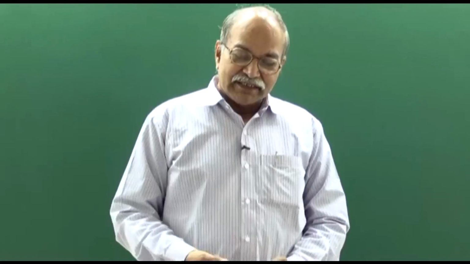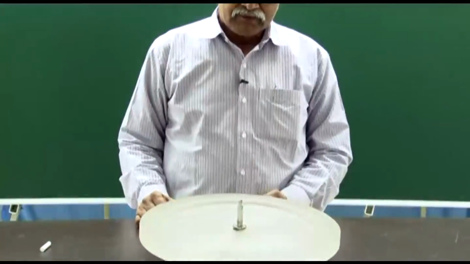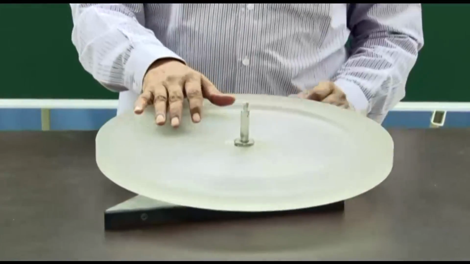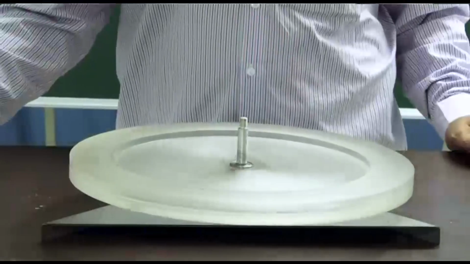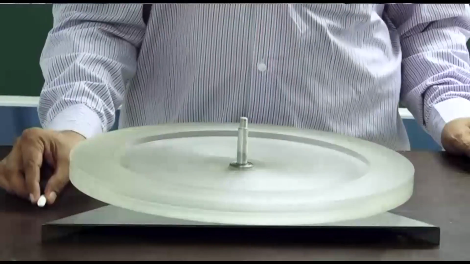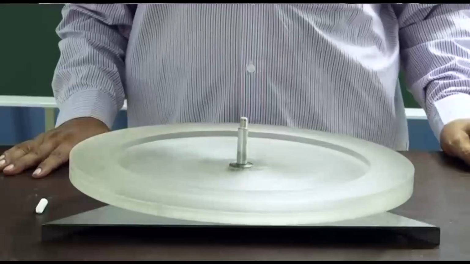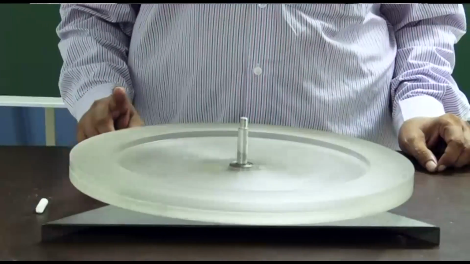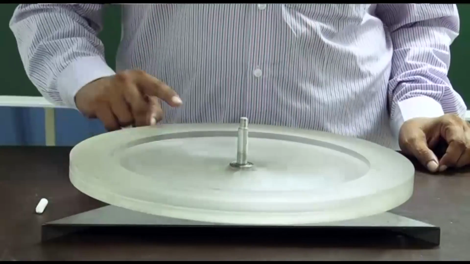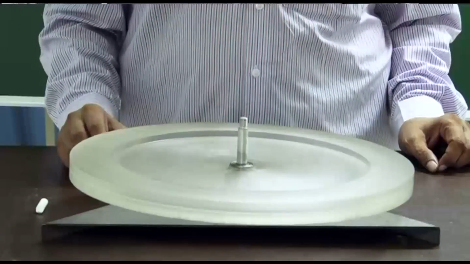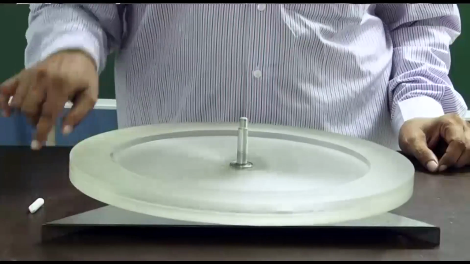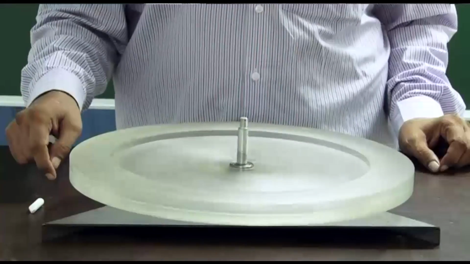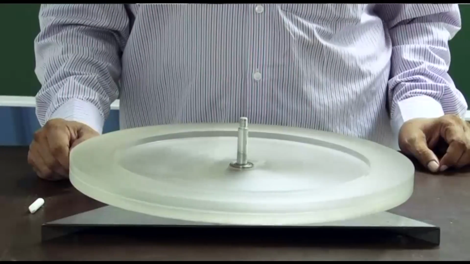Now, once again look at this rotating frame, and suppose someone is using this rotating frame and analyzing this piece of chalk that is placed here on the table. As seen from this rotating frame of reference, the piece of chalk is also going in a circle, and that circle will be in the opposite sense in which this disc is rotating.